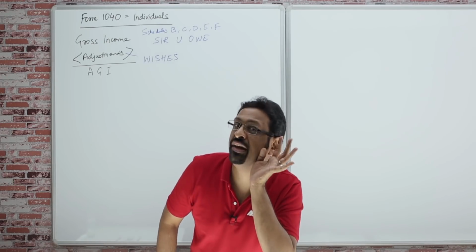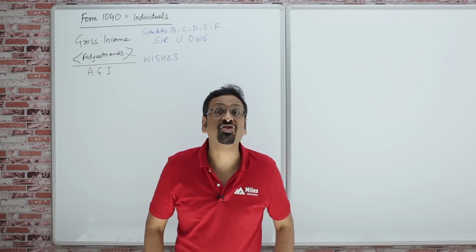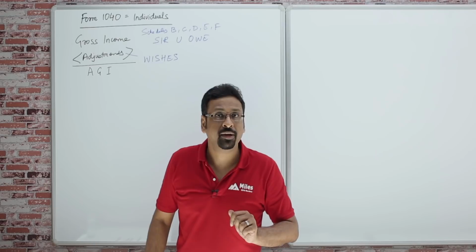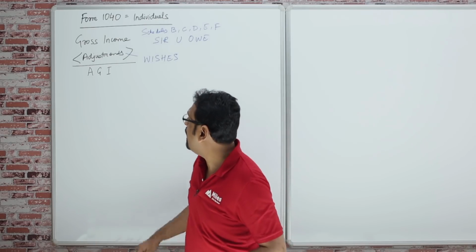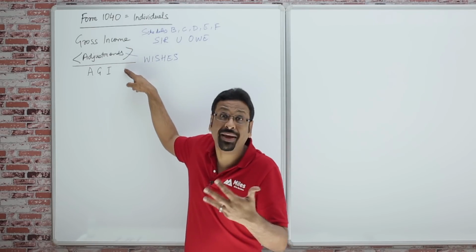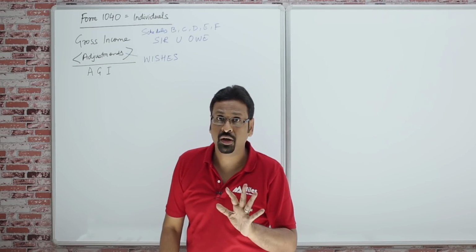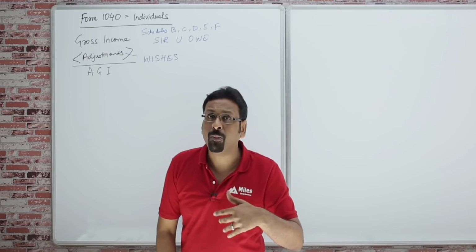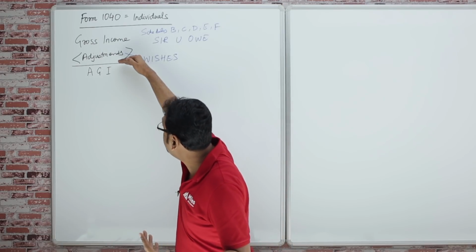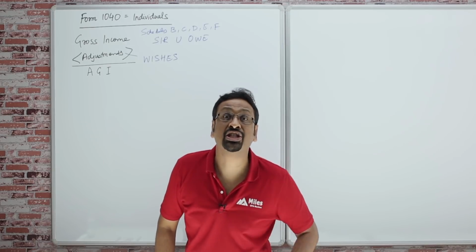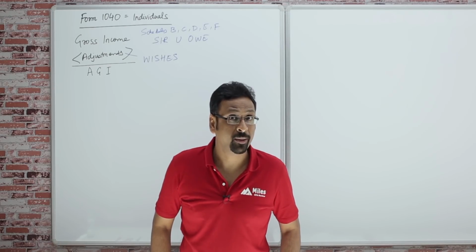He hears you again and now grants you a bunch of deductions from AGI. So we've seen a bunch of deductions to AGI. We call them adjustments or above the line deductions. Now we'll talk about deductions that we have below this line, below the line deductions or deductions from AGI.